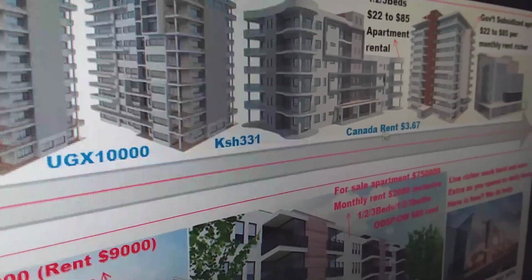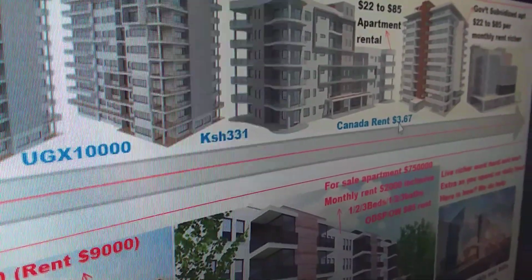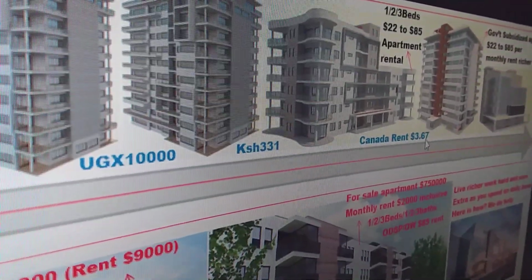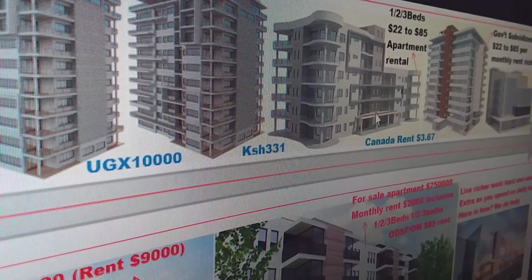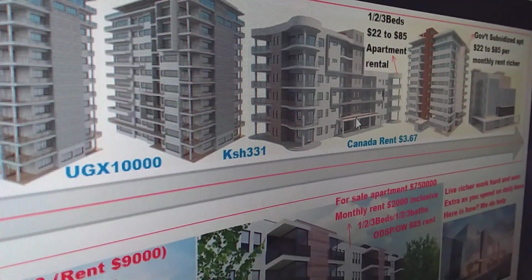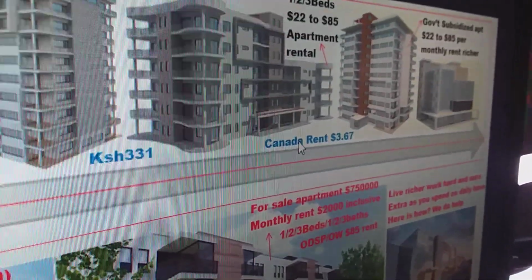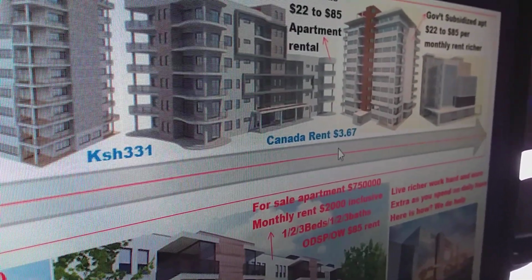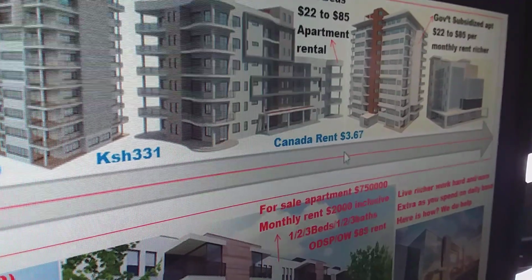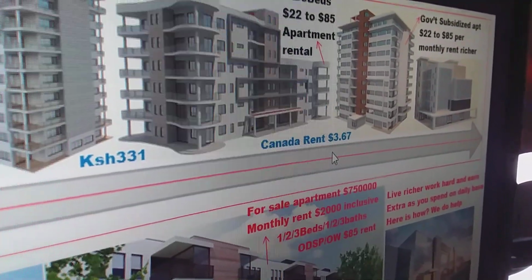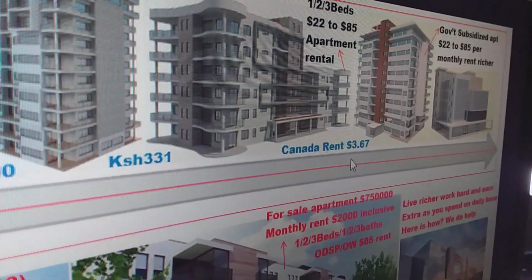And then if you change it to dollar, it's roughly $3.67. Okay, that is what they are renting there in Nairobi, Kampala. So now, if you look most currently, they are talking about $18. From $3, they are now $18. That is the worst market there now.